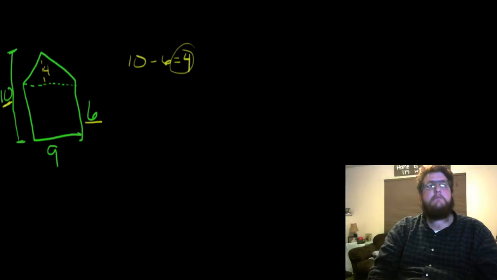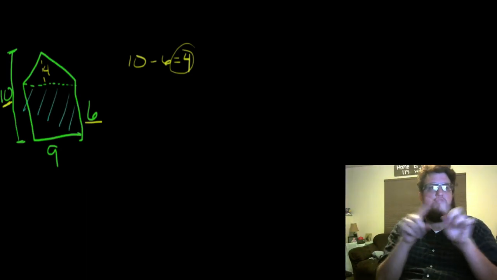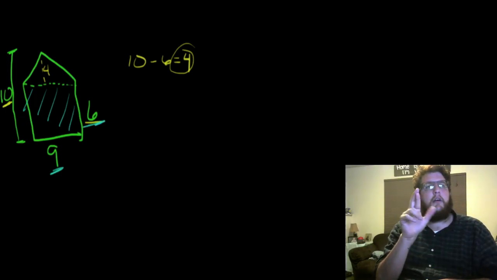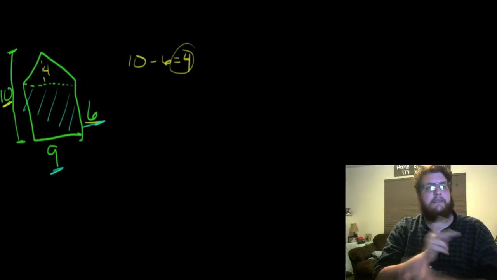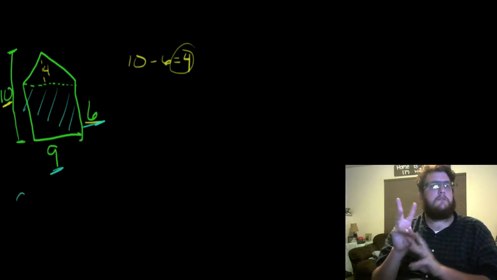Now, to find the area of the bottom part of the house, the square, or rectangle, actually, I know it's going to be 9 times 6, because this is the length of the house, and this is the width, or the height, I guess, of the house. So 9 times 6.